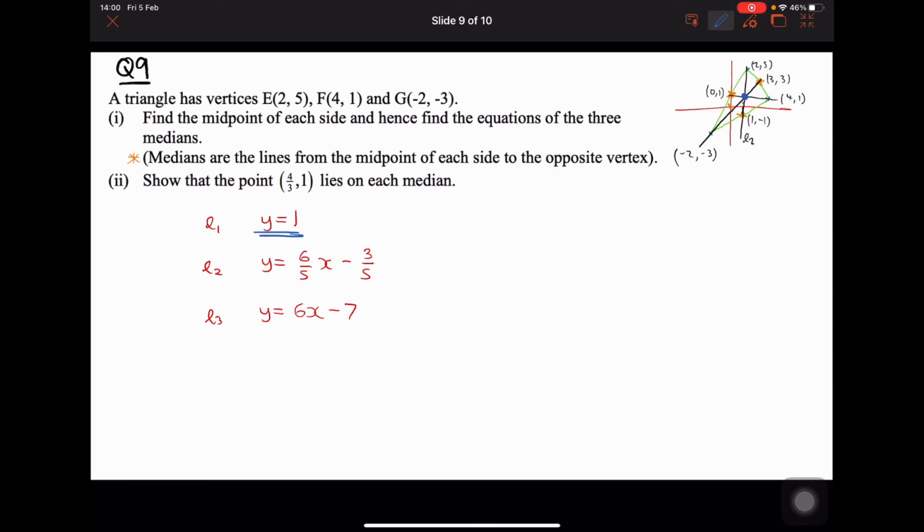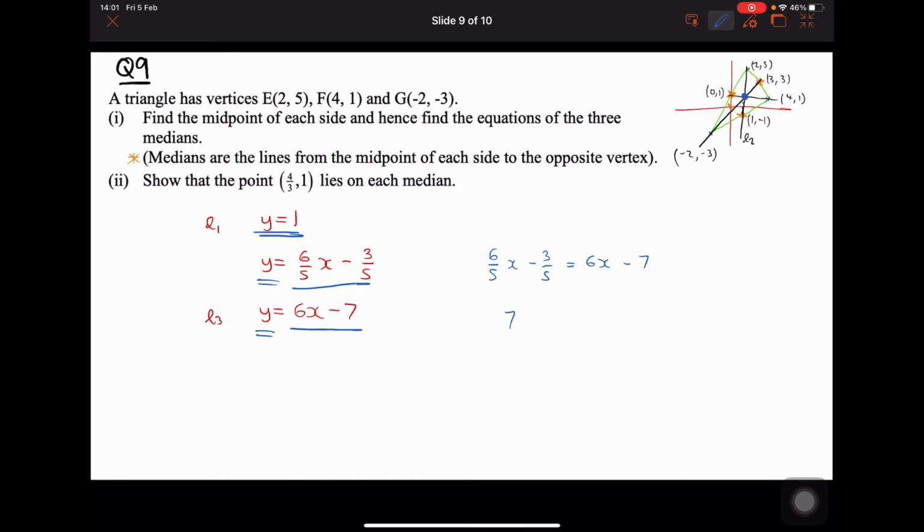Now we're going to work out x using these two expressions. So they're both equal to y, which is helpful. So we're just going to set them equal to each other. So I'm going to add 7 to both sides.